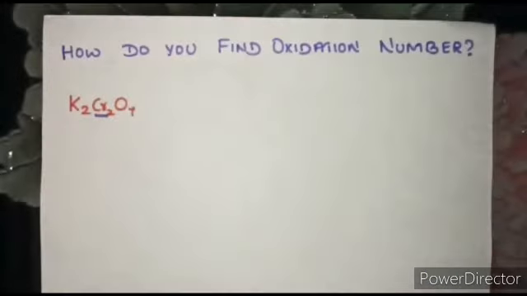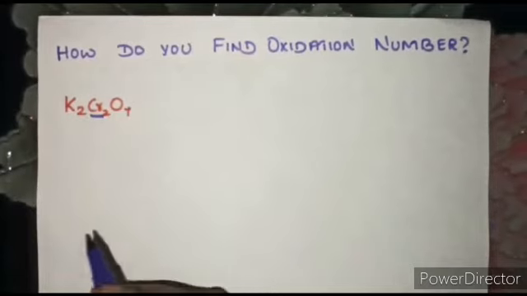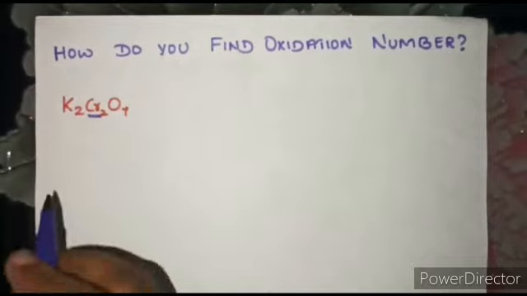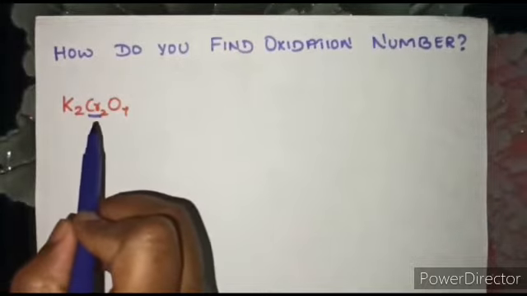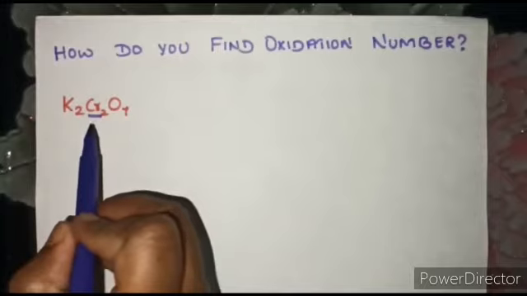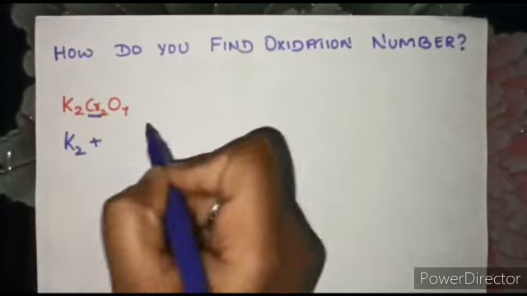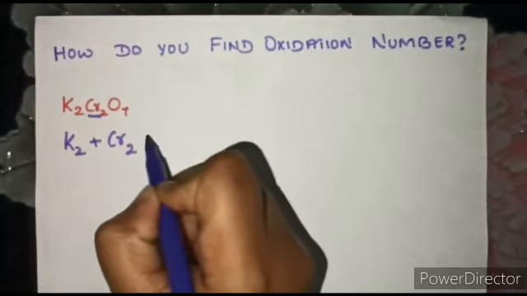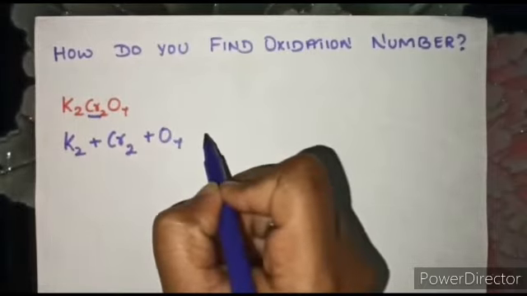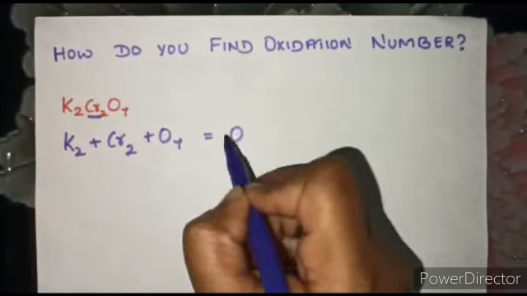How do you find oxidation number? Here I have taken an example of K2Cr2O7. Here we are going to do simple addition. We are going to find the oxidation number of Cr. So the simple addition here is K2 plus Cr2 plus O7, which should always lead to 0.